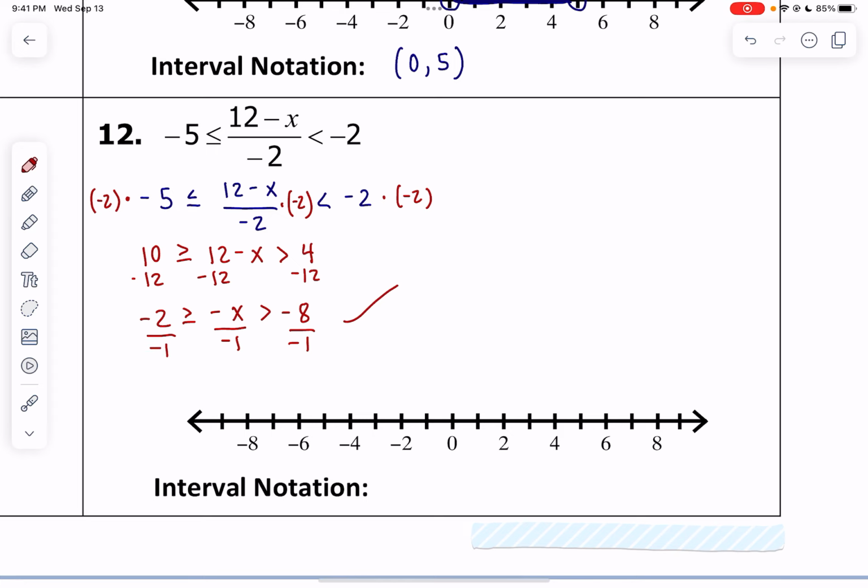So I'm going to rewrite everything over here from our space. So because we're dividing by a negative, please don't forget we have to switch the symbols again. So we have negative 2 divided by negative 1, which is positive 2. Switch the symbol. Now you're left with x. Switch the symbol. And then now you're left with positive 8.